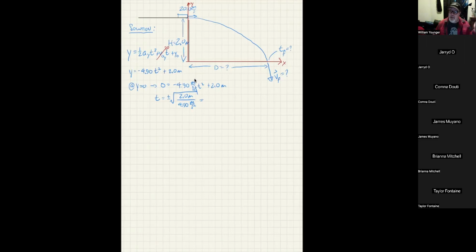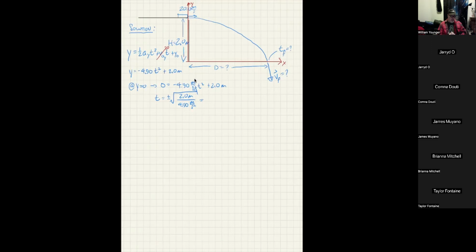So the negative time corresponds to a time back in history when we could have shot the projectile and it would reach the edge of that table at exactly t equals 0, moving at 20 meters per second horizontally. So there is actually some meaning to those negative times, but you rarely have to worry about it. So anyways, I want to take 2 divided by 4.9.